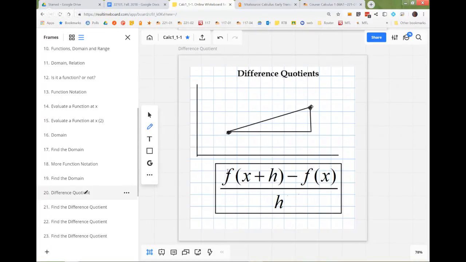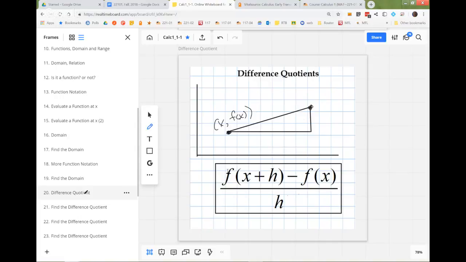If we call this point x, the y-coordinate from a function point of view is whatever result you get when you plug in x.